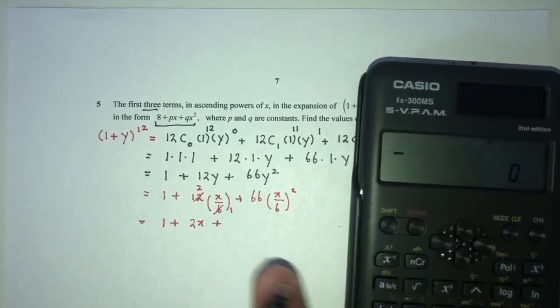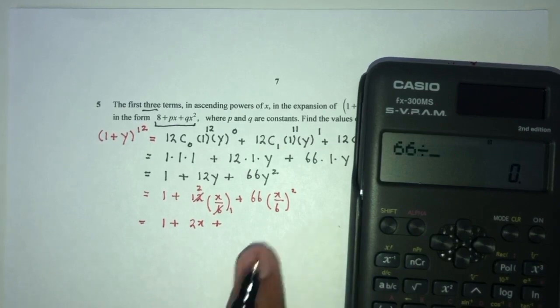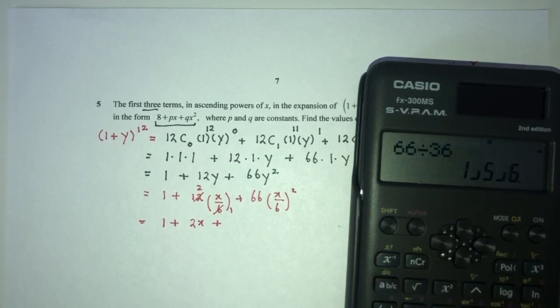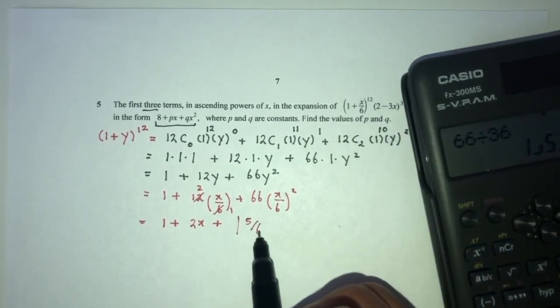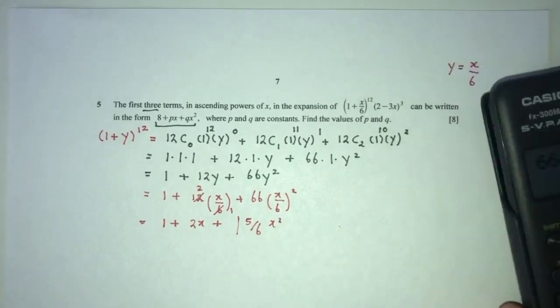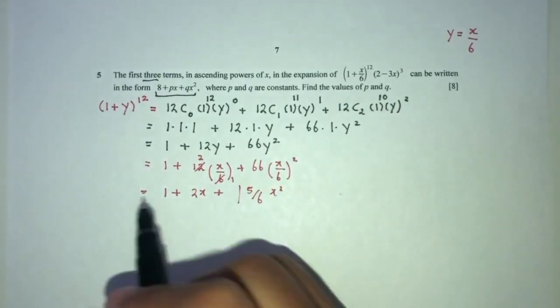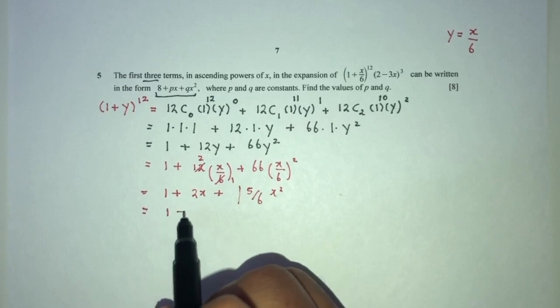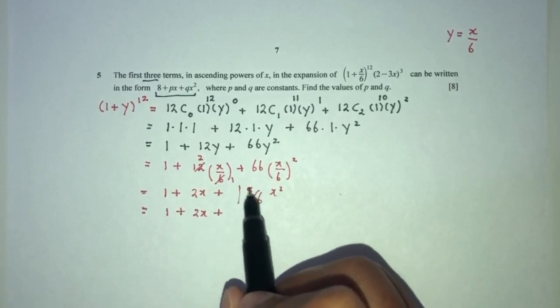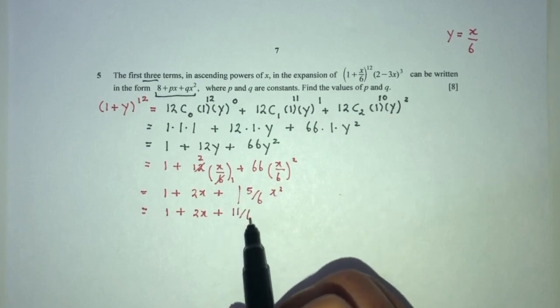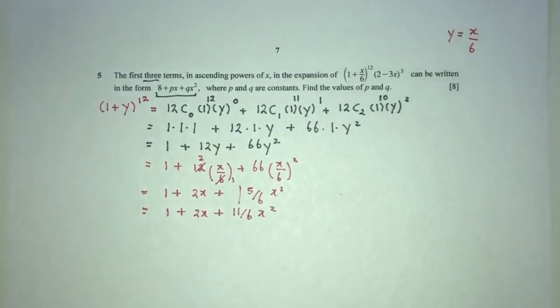Here we have 66 divided by, this is 6 squared will be 36. That will be this. In fraction mode, that will be 1, 5 over 6 x squared. Or we can definitely re-simplify this if you want. That will be in the end 1 plus 2x plus 1 times 6 is 6 plus 5 is 11, so 11 over 6 x squared. So this is the first 3 terms of this expansion, and we will have something like this.